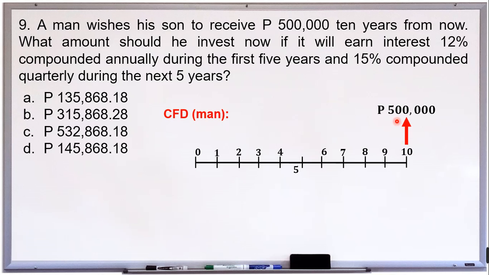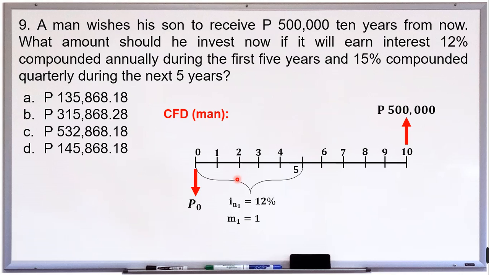So that's 500,000 pesos. Next, this is our requirement, in which we're going to determine how much he needs to invest now so that he can produce 500,000 pesos after 10 years.